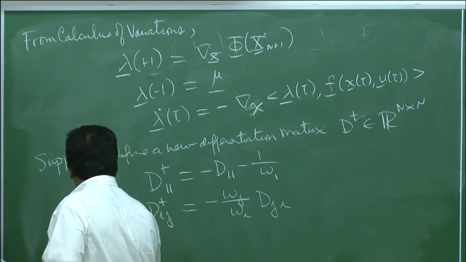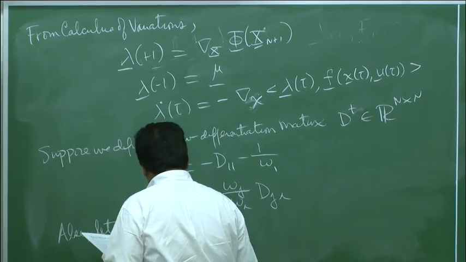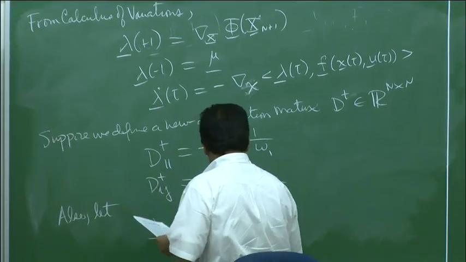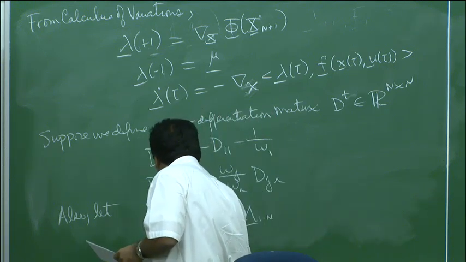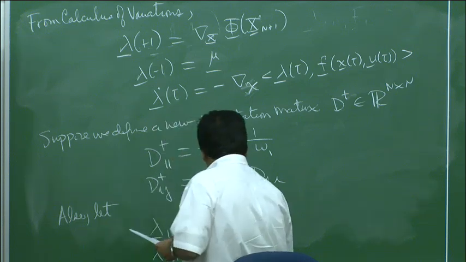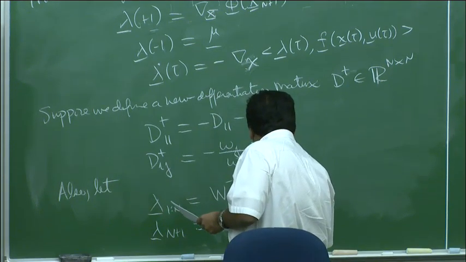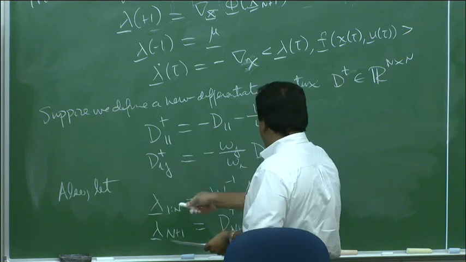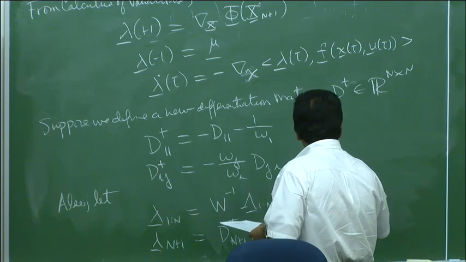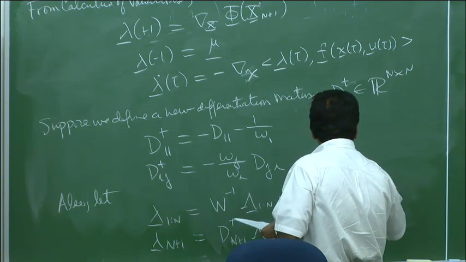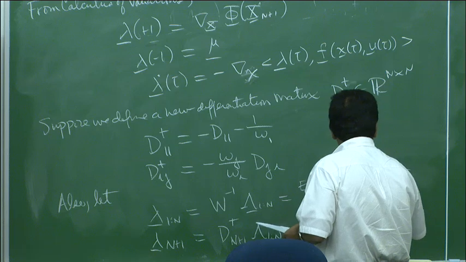Now, if I define that matrix, I'm also going to let the following be true. Lambda 1 to N is equal to W inverse of big Lambda 1 to N, and lambda N plus 1 is equal to D_(N+1) transpose times Lambda 1 to N. These right here are the estimates of the costate at the N LGR points.